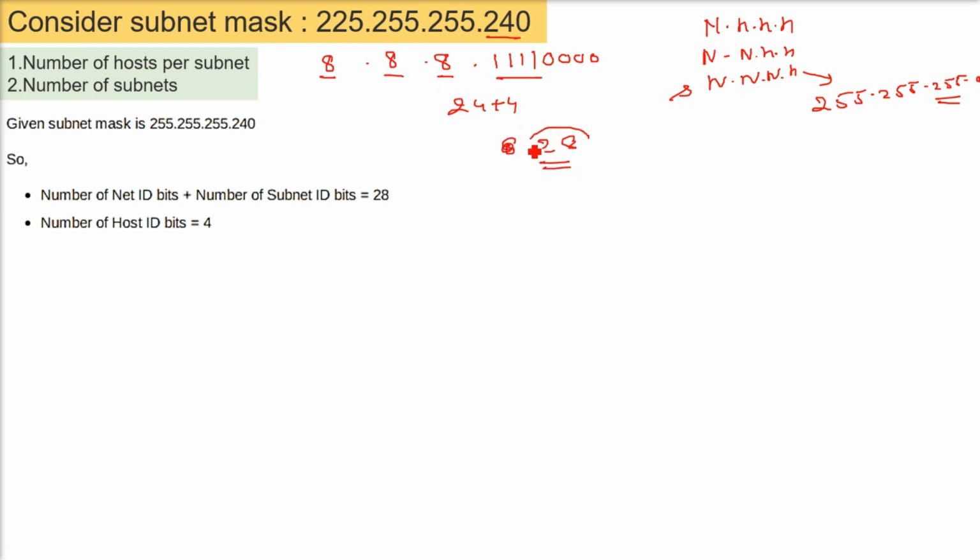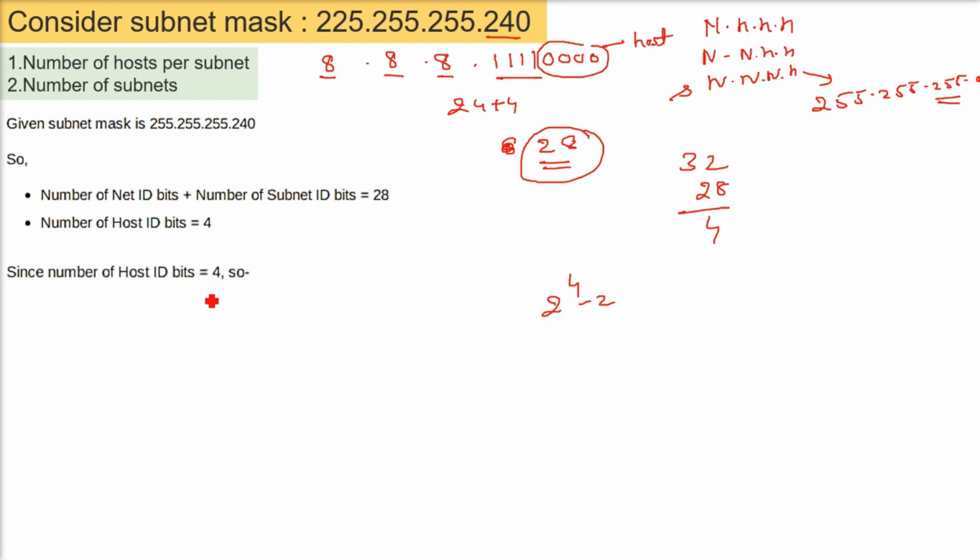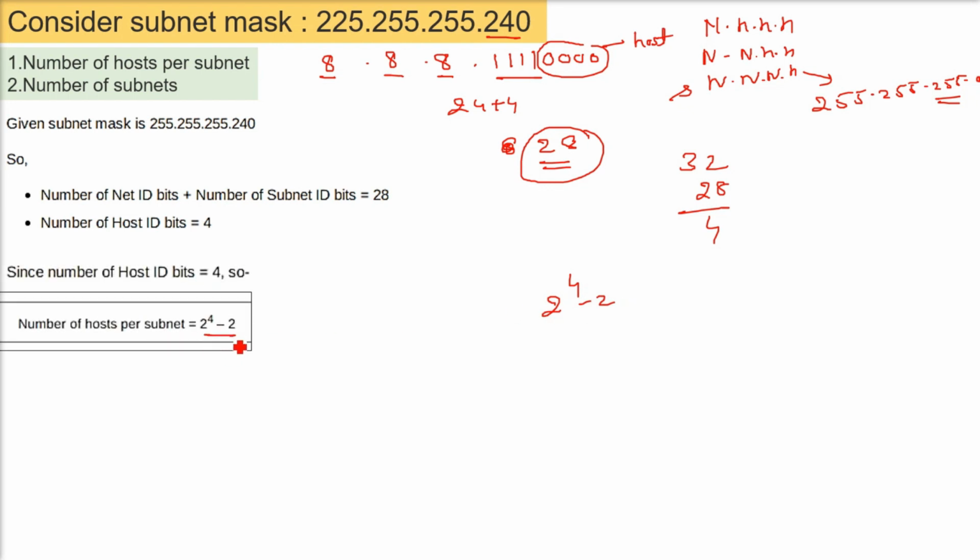So 24 plus 4 is 28. So we have 28 as the network ID or subnet ID. Total is 32. How many are remaining? 32 minus 28. You can also say that this 4 we have borrowed from the host, and that borrowing will give you subnets. So 2 to the power 4 minus 2 is the number of hosts per subnet you can assign.